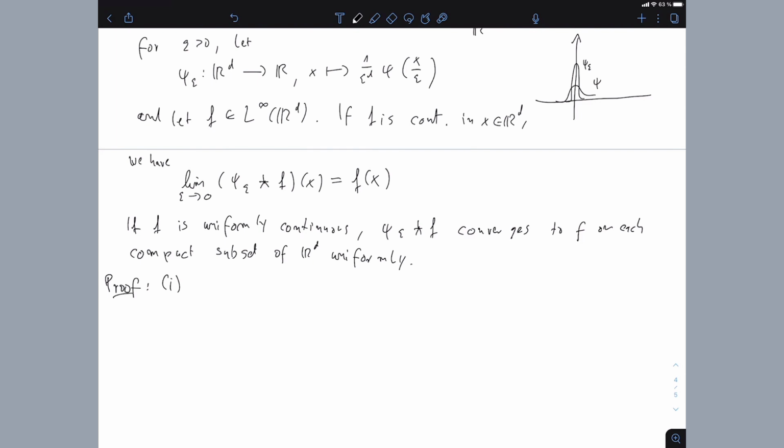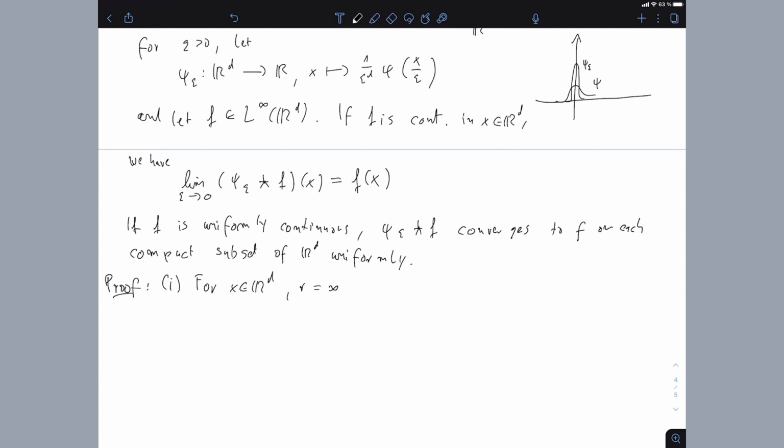It is also good to recall some important properties of integration that are often used in these kinds of proofs. So let's take x in R^d and r equal to infinity.